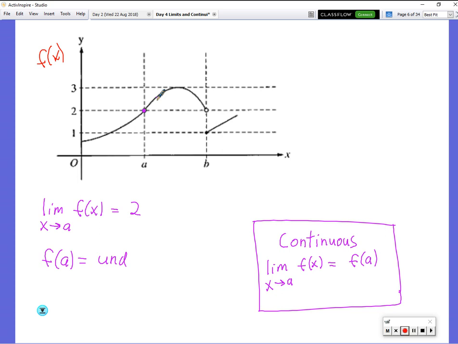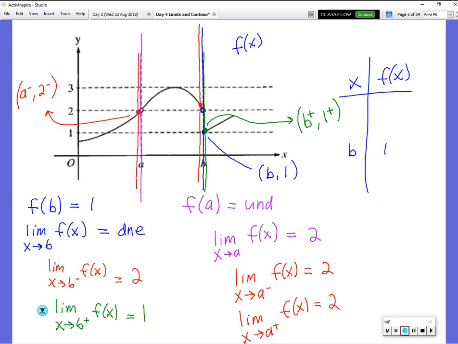Oh, no. Good comment. So that's why I always do this. When you're thinking of continuity, you've got to think of 3 things. The value of the function in the middle, that's f of a. You've got to think of the left-hand limit, the limit as x approaches a from the left.